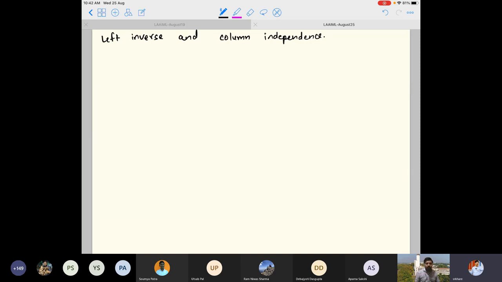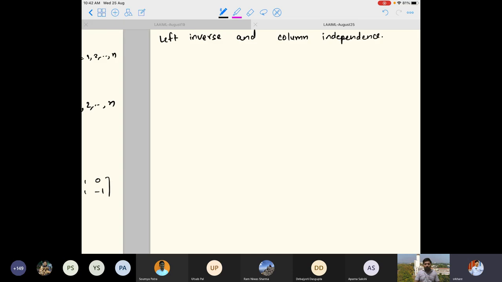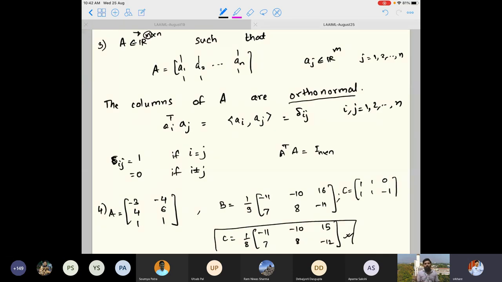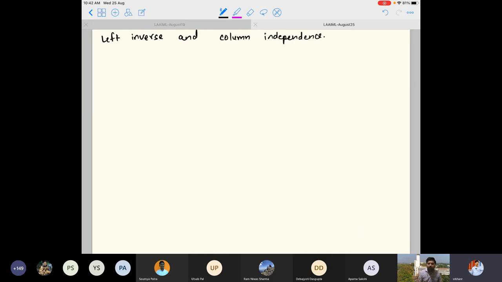That is something we will investigate. So far I have given you examples only of matrices for which a left inverse existed. It may not be unique, but at least it existed. Can we have examples where a left inverse does not exist? Let us first try to understand this property: left inverse and column independence.